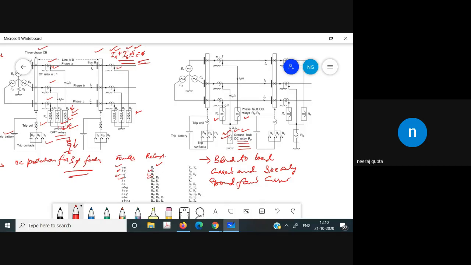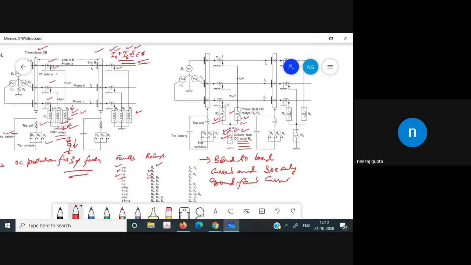Let us suppose phase A, then phase C, and then the ground path, we can use the relay. Then, instead of three relays, we use two relays and one relay in the ground path, and it will serve the purpose without affecting the performance of the system. So relay B in this case can be removed.